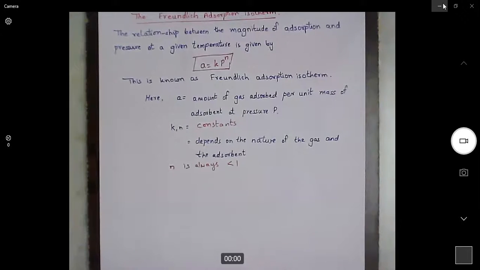Now, based on the Freundlich adsorption isotherm, we can develop different graphs: amount of gas adsorbed versus pressure, amount of gas adsorbed versus temperature, and temperature versus pressure.